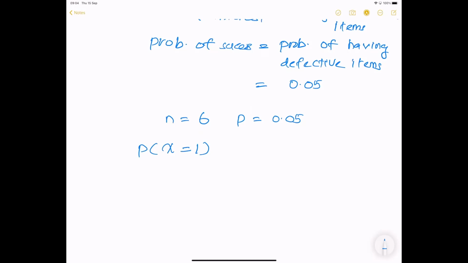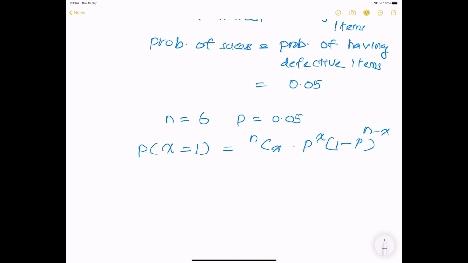Then what is the binomial equation? nCx p^x (1-p)^(n-x). In your exam, you have to clearly write the equation with the correct notations if they don't provide the equation in your question paper.